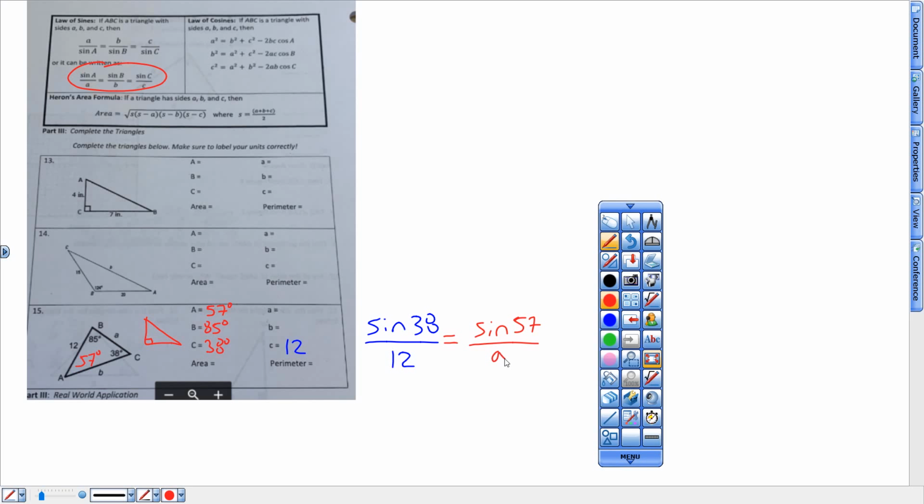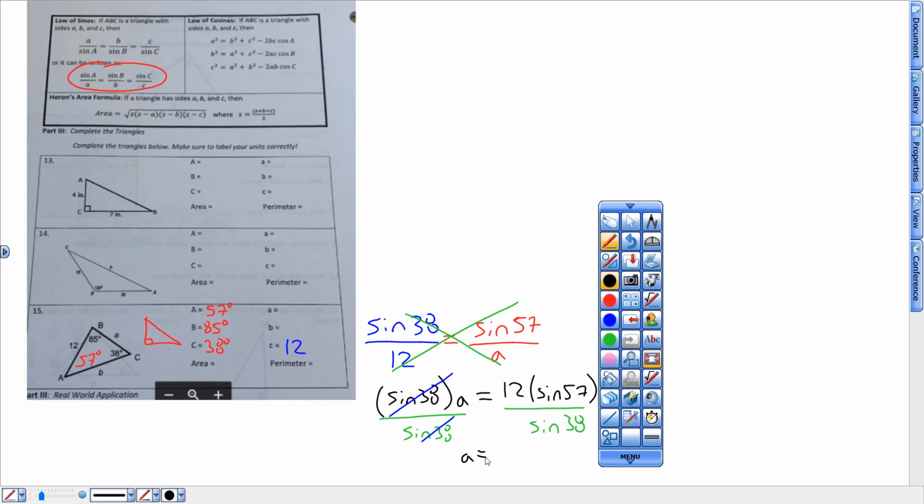To solve this, again, these are crisscross multiply. When I times this way, I get sine 38 times that variable A, and then when I times the other way, I get 12 times sine 57. So technically right there, I'm going to divide by sine 38, and that will give me what piece A is going to equal.